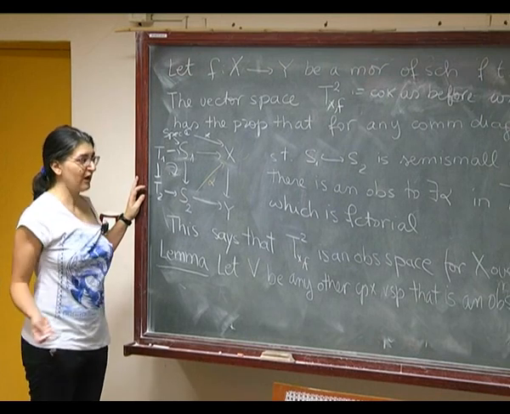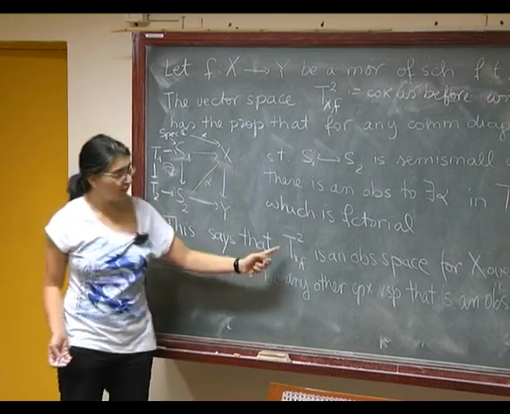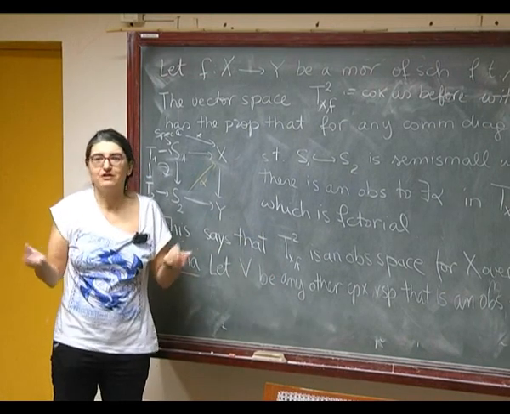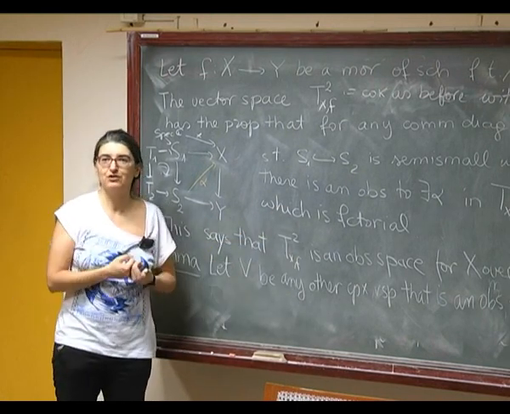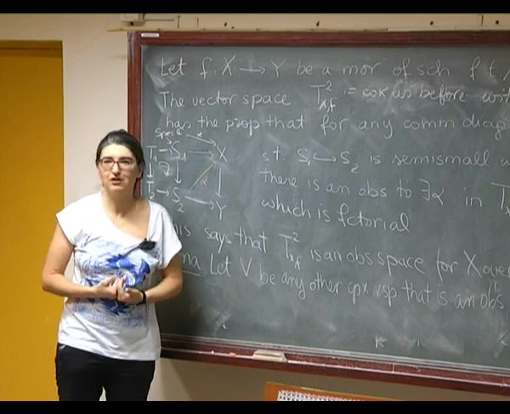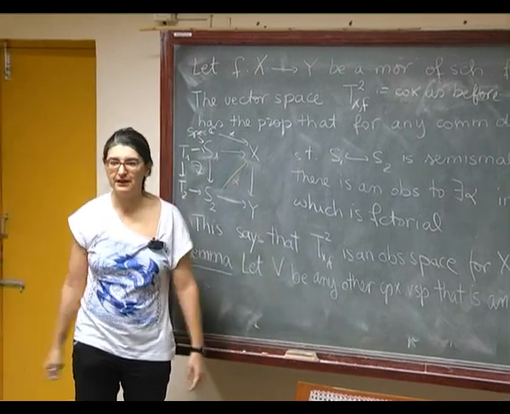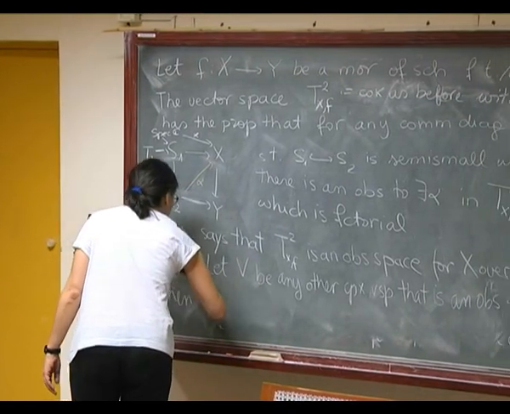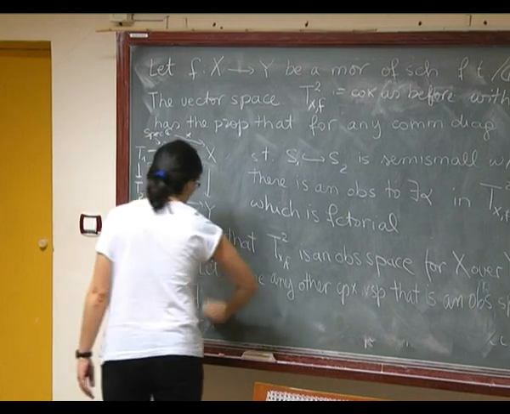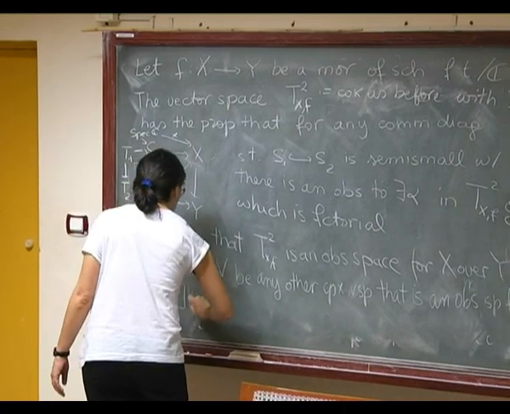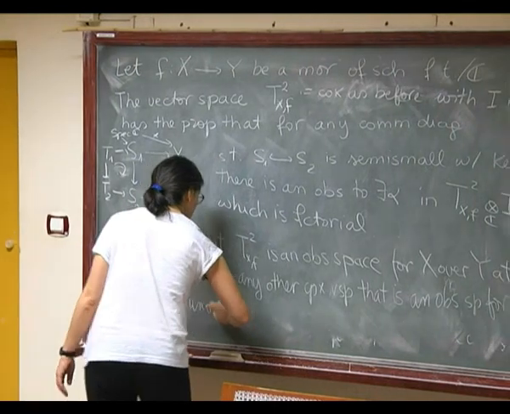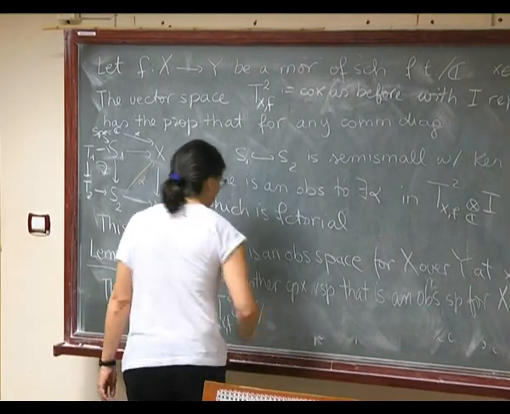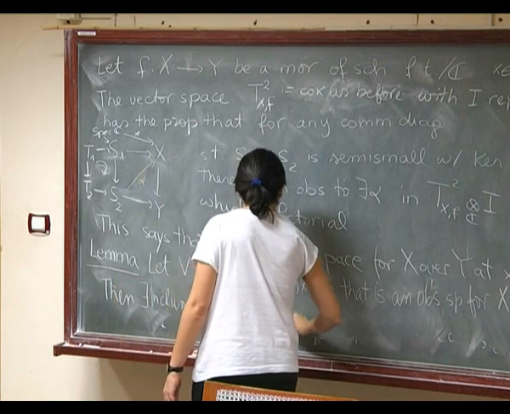So there is an obvious way in which to do it, which is if you take this vector space and you put it into something larger, then of course you just take the image, and if it was 0 it stays 0, and if it wasn't 0, if you enlarge a vector space it won't. And the lemma says that then there exists a unique inclusion T2 x f in V inducing the obstruction.